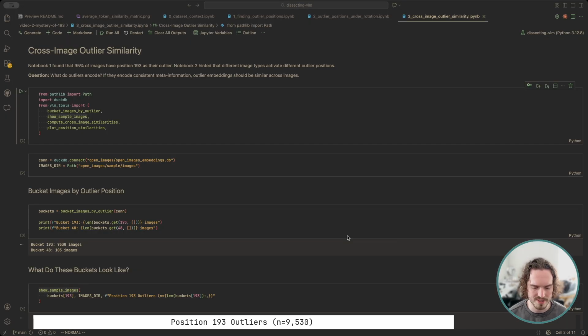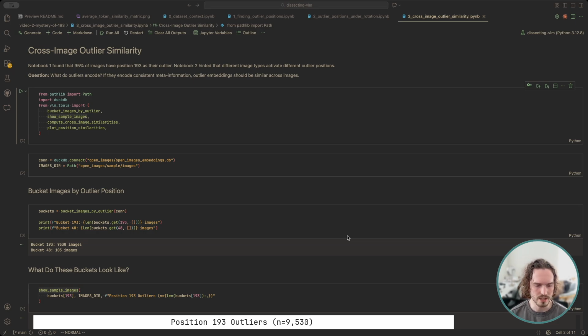So we have seen that there are these outliers, and I was interested in trying to understand what they encode. I wanted to know how similar the outliers are across images. In our first notebook, we looked within one image and saw that 193 is by far the most dissimilar slot.